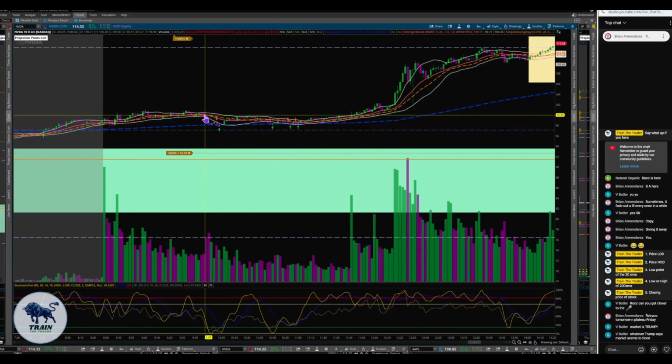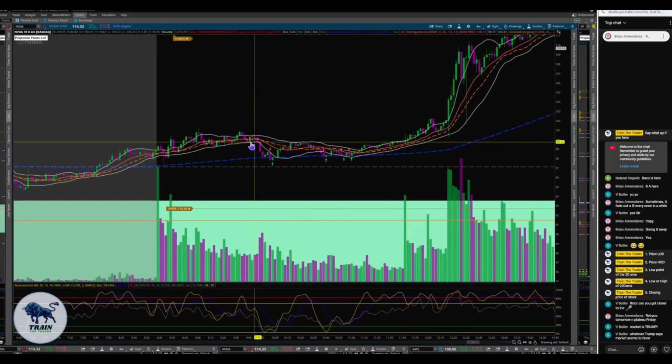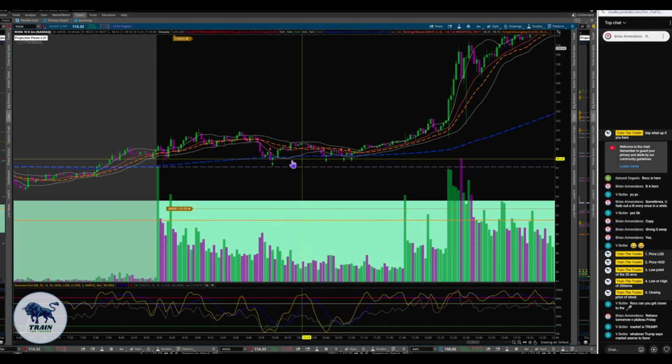But if you tried to get in puts here or here or here, they were not paying. The contracts weren't moving on these at all. And they also weren't moving on calls.